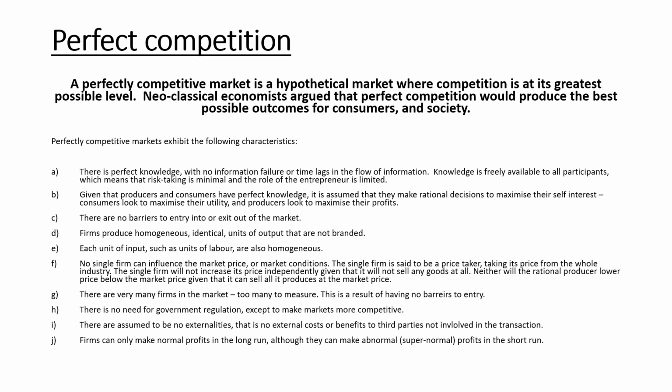All producers and consumers have perfect knowledge, so they make rational decisions to maximize their self-interest, and consumers look to maximize their utility. There are no barriers to entry or exit, and all the products are homogeneous, identical units that are not branded with anything. Everything kind of looks the same.